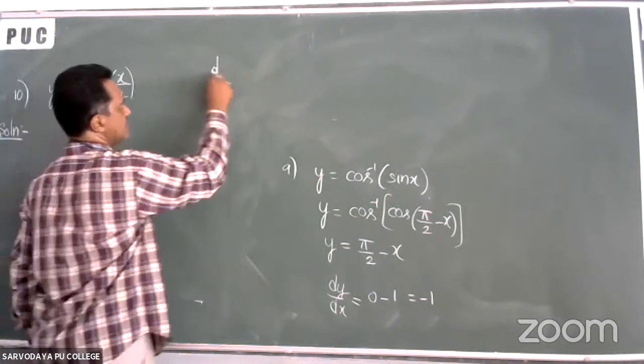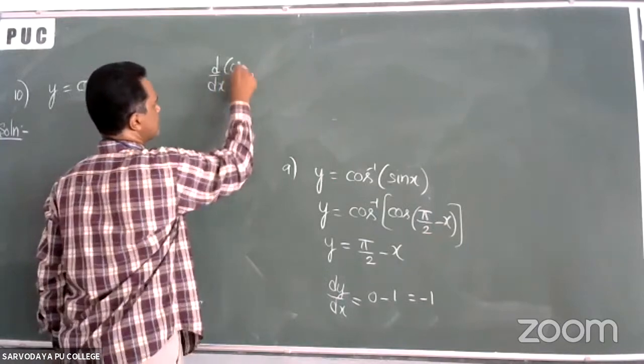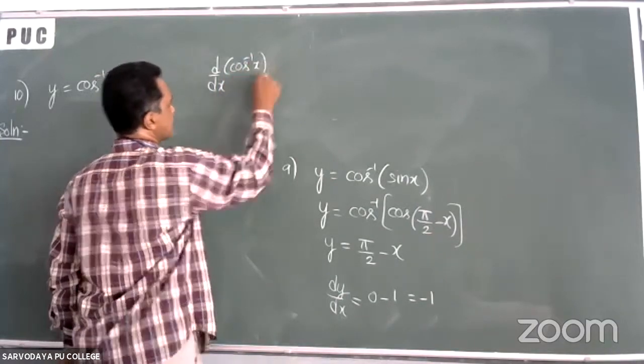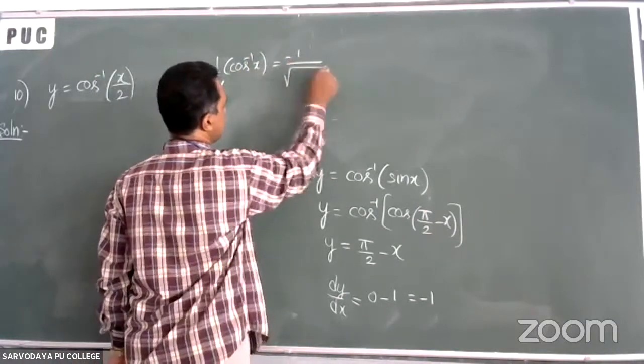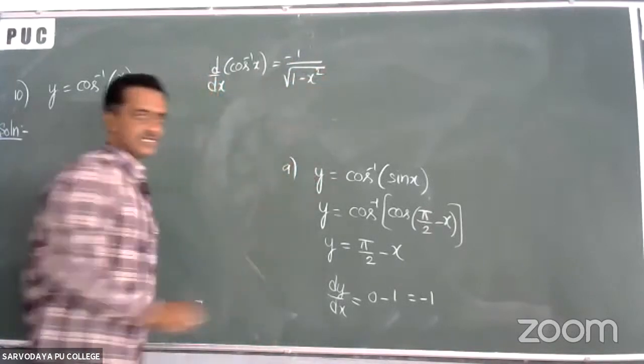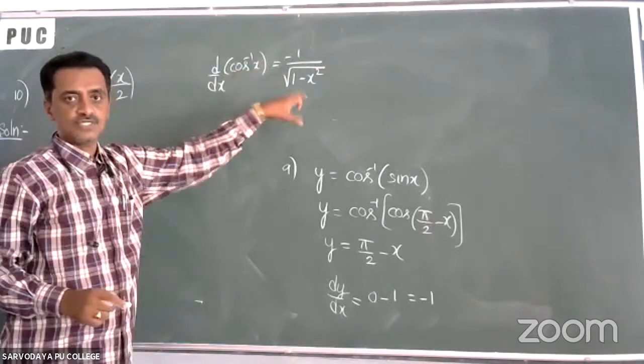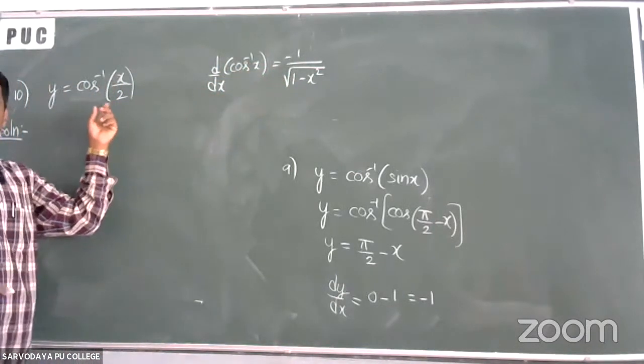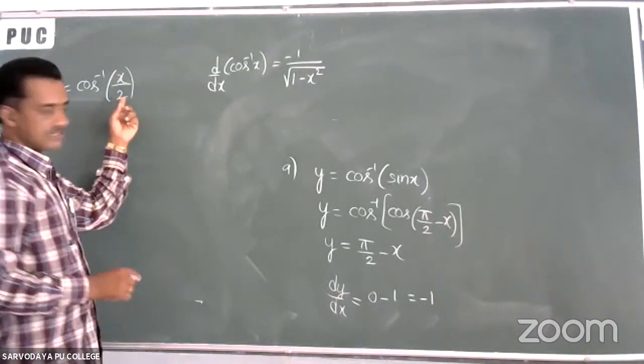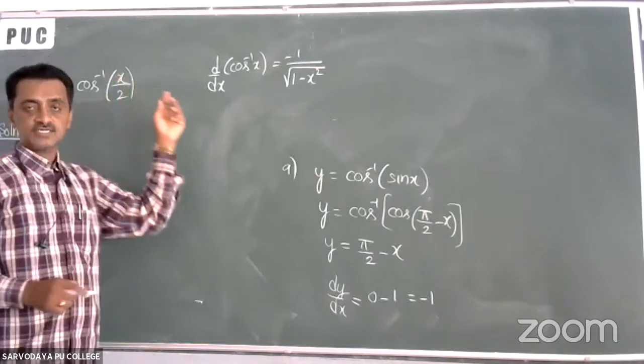See, now the derivative of cos inverse x is minus of 1 divided by root of 1 minus x square, right? Keep this derivative concept in mind. Also, here this is a composite function, cos inverse of f of x, where f of x is x by 2.